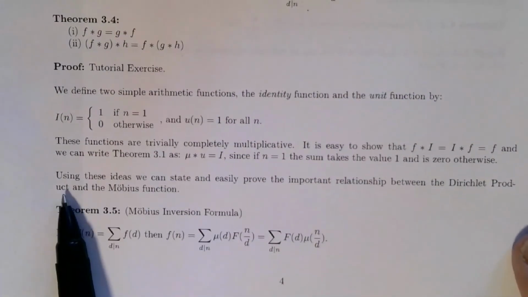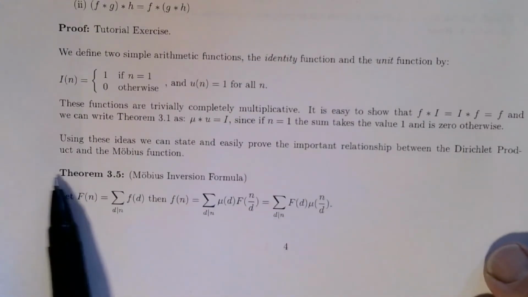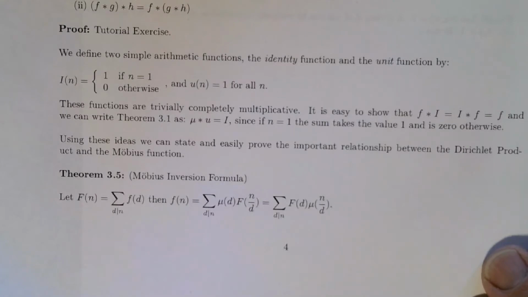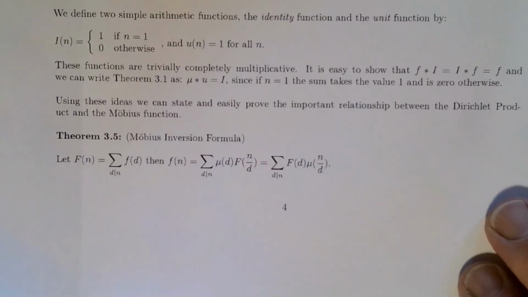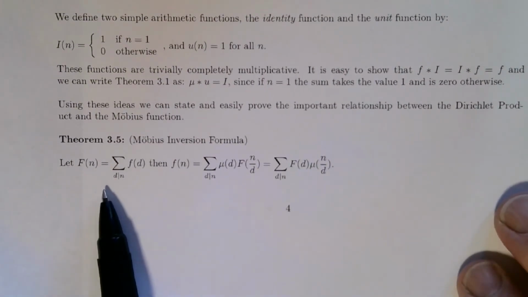So using these ideas, we can now state and prove a rather lovely relationship between the Dirichlet product and the Mobius function. This is called the Mobius inversion formula, which turns up in many, many places, not just in number theory.